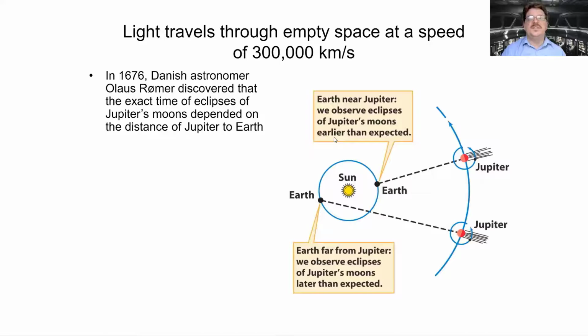Around 1676, a Danish astronomer by the name of Romer was studying the Galilean moons around Jupiter. What he wanted to do was come up with precise periods of these moons in order to determine the mass of Jupiter, at least to a better accuracy than was known before. And he could do that using Newton's revisions of Kepler's laws.